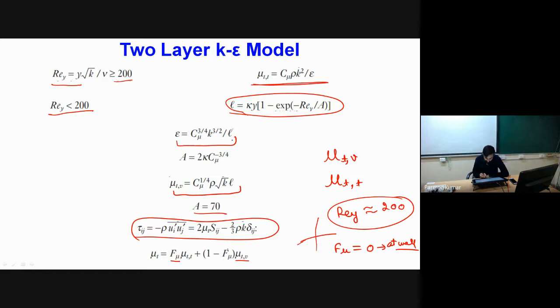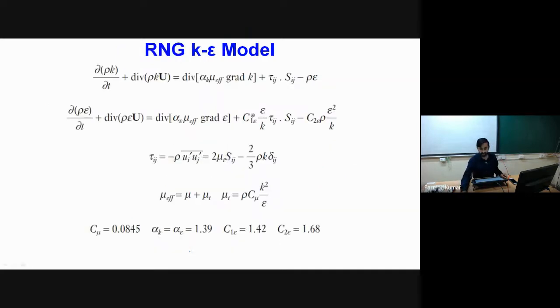When f mu is equal to 0, at the wall your viscosity will be nothing but the viscous viscosity. Once we move away from the wall, the value of f increases gradually, and in the complete turbulent region its value becomes 1. Then in the entire turbulent portion we will have nothing but our eddy viscosity. Okay, so this type of model is called the two-layer K epsilon model.